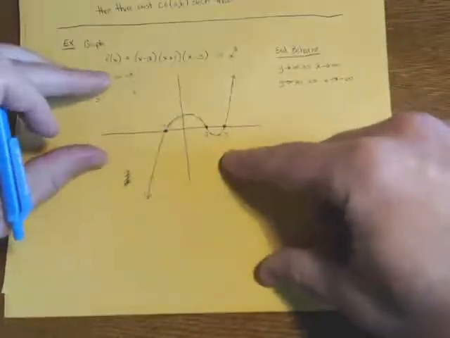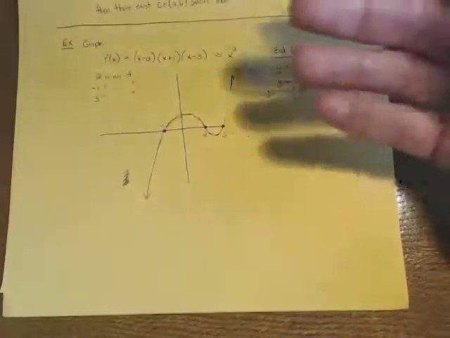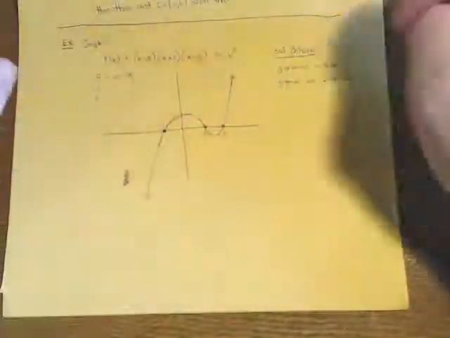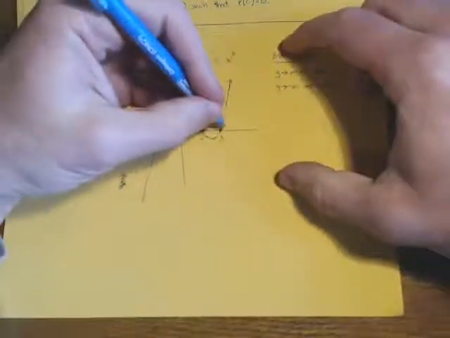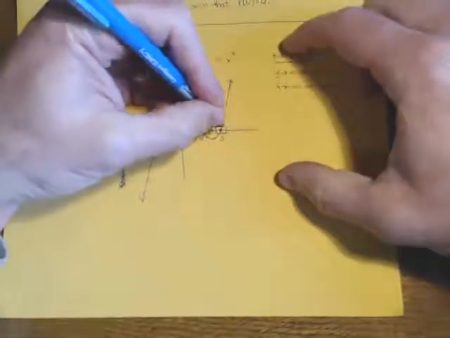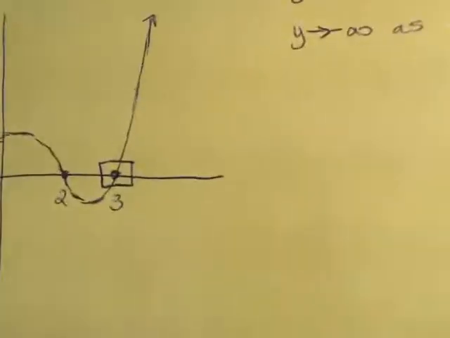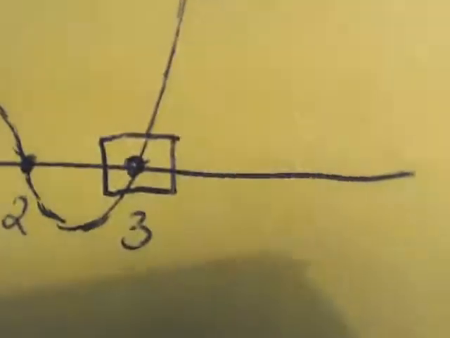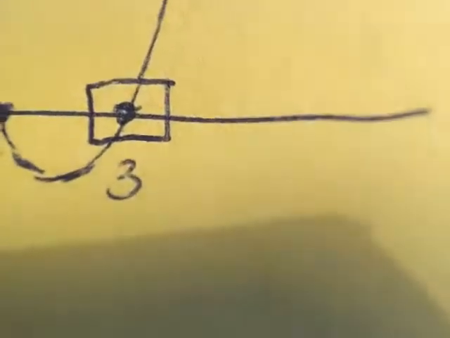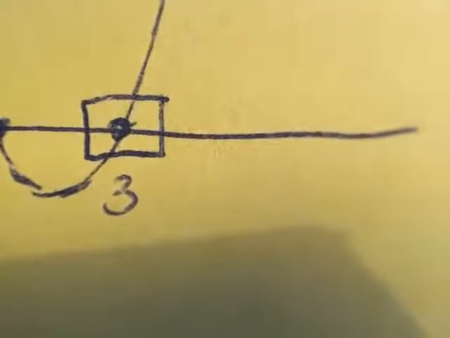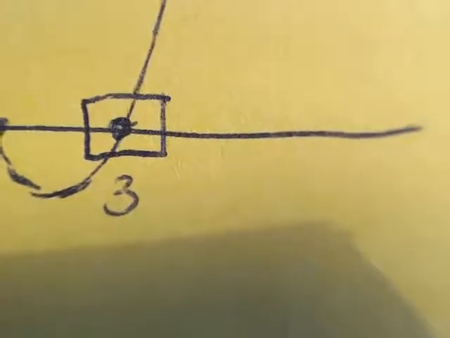With zeros of a function, the look of the function locally, that means if I zoom in locally just here, maybe I could do that. Okay, if I zoom in locally, it will act just like the power of the factor.